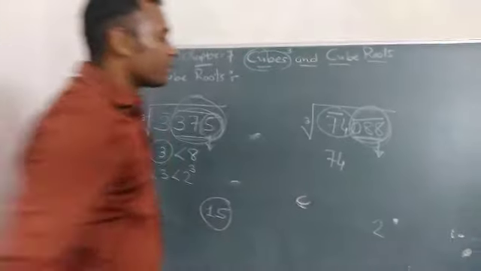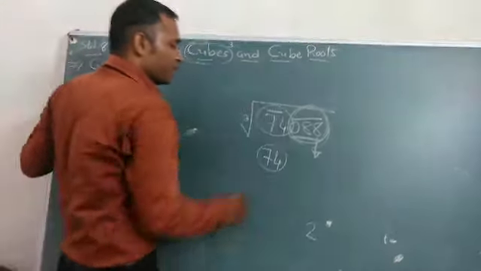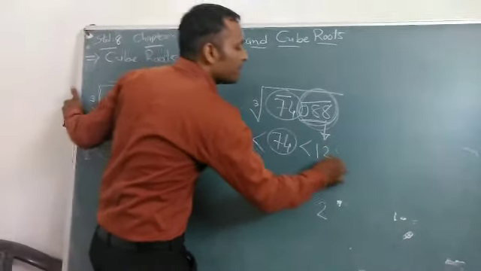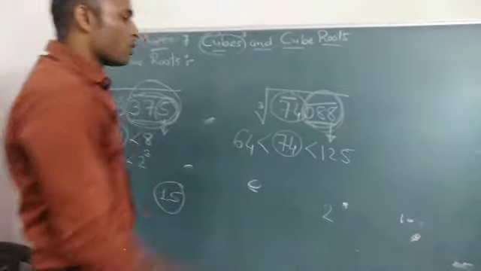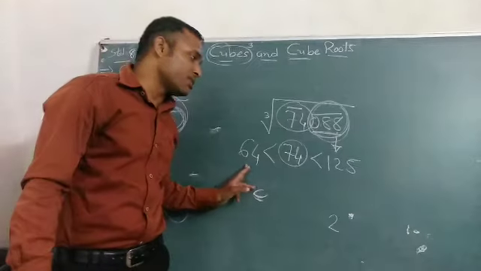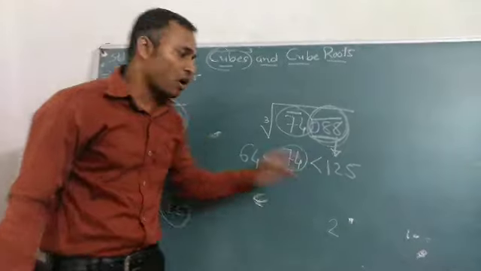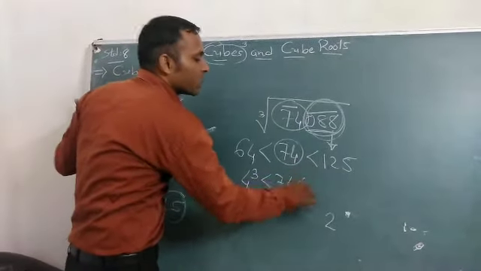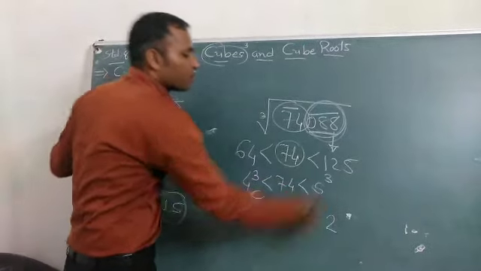Again repeat here. 74 is between 64 and 125, because 64 is 4 cube and 125 is 5 cube.